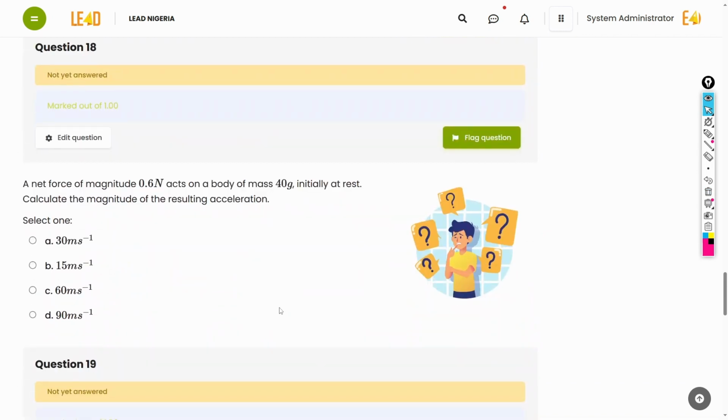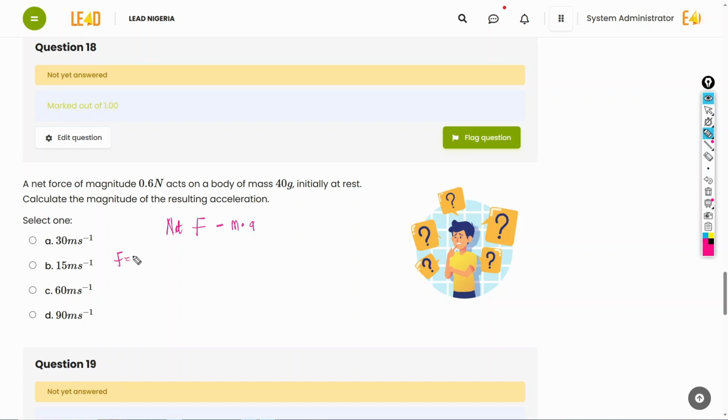Question 18. A net force of magnitude 0.6 newtons acts on a body of mass 40 grams initially at rest. Calculate the magnitude of the resulting acceleration. All right, so we have F equals ma. That's Newton's second law: net force is equal to mass times acceleration.